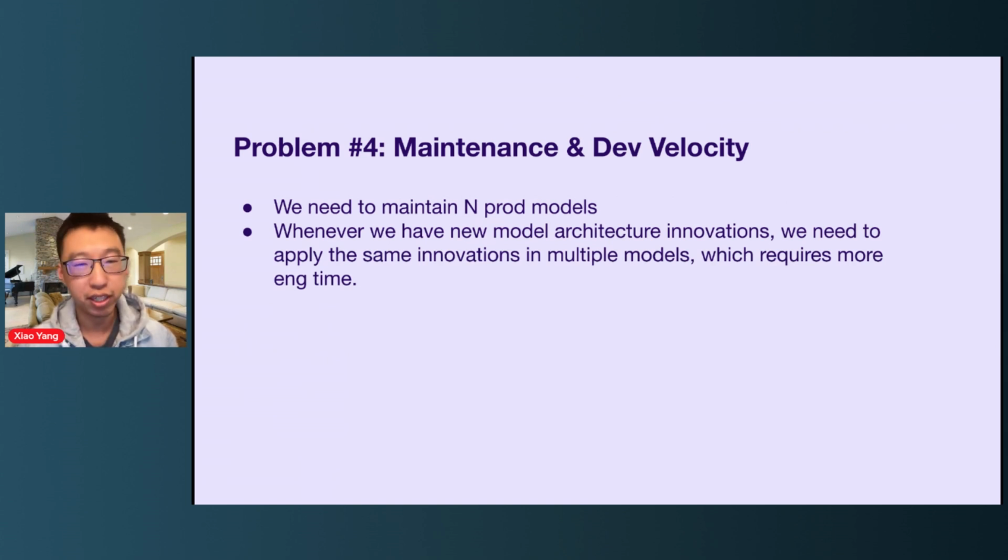Because we have to maintain so many different models, it's a burden for maintenance. And whenever we have a new model architecture innovation, we sometimes need to apply the same innovation in multiple models through multiple launches, which requires extra engineering time. We could save that time to do more new innovations.